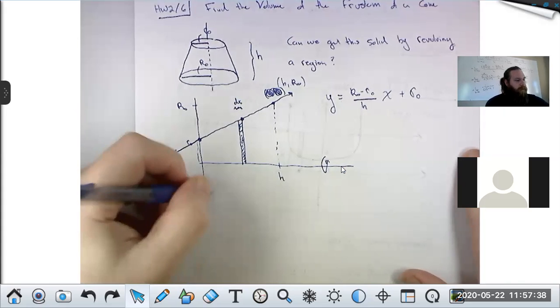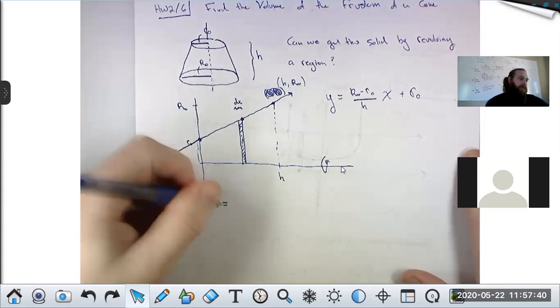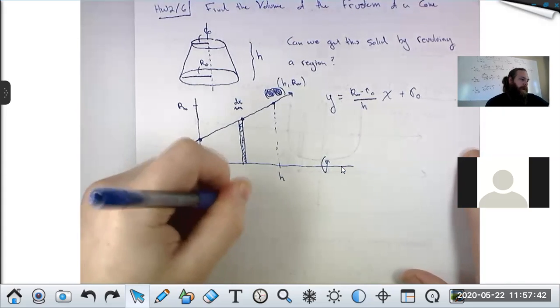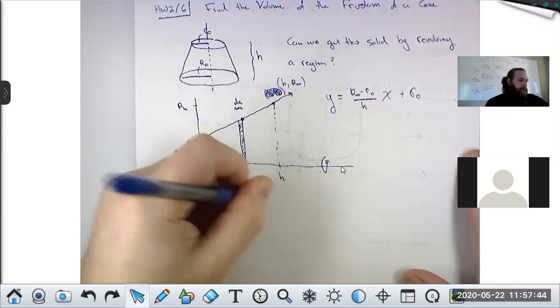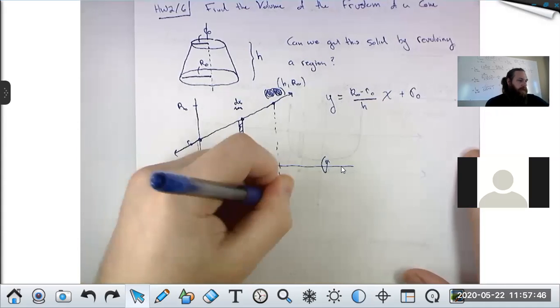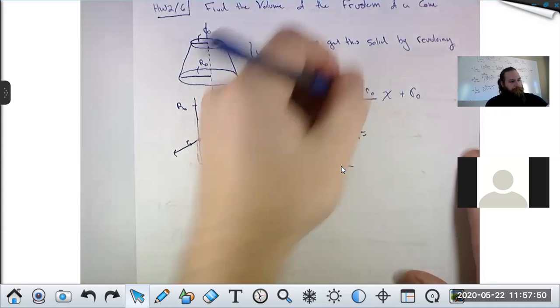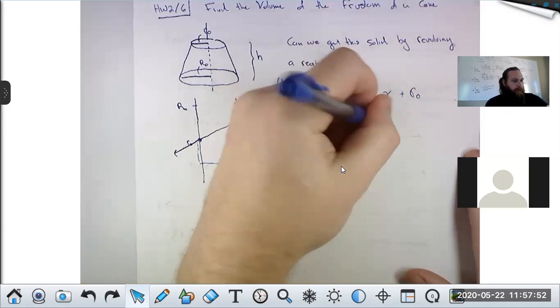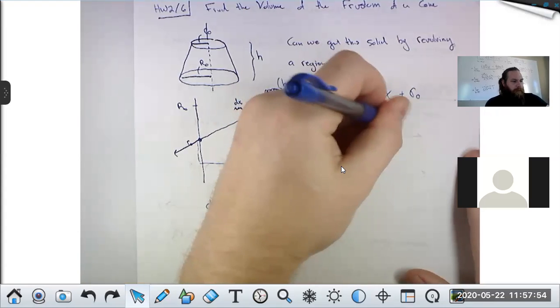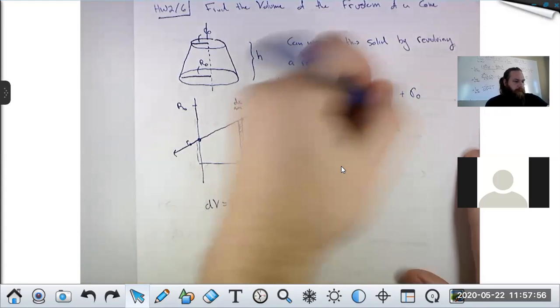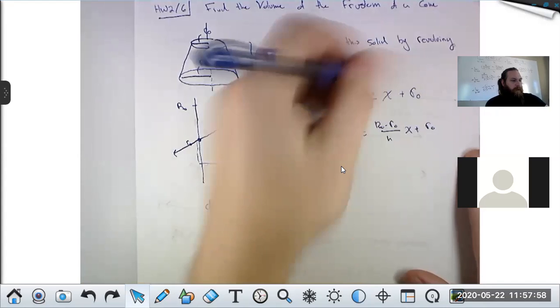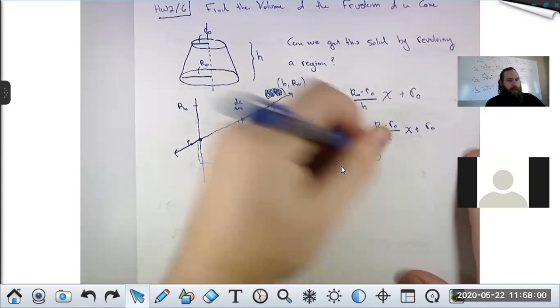So dV here is pi times big R squared minus little r squared dx. Big R is this y value, big R naught minus little r naught over h times x plus little r naught.